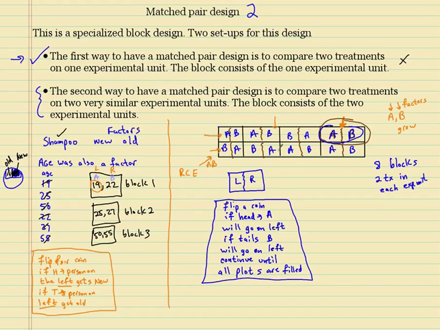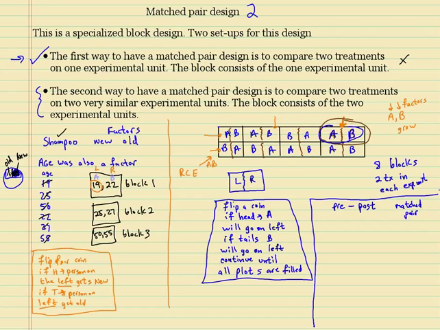So this is another example of matched pairs. Anytime you do a pre and a post, that's a matched pair. I take a pretest, I give you some help, some tutoring, I give you a post test.